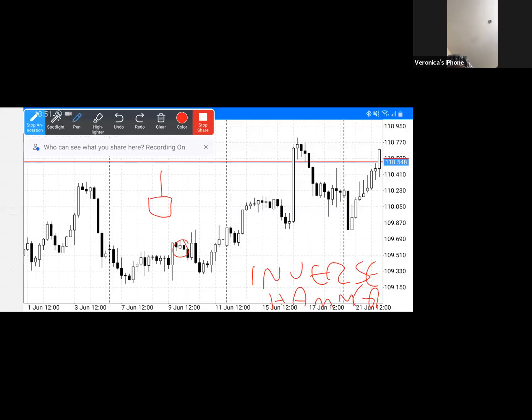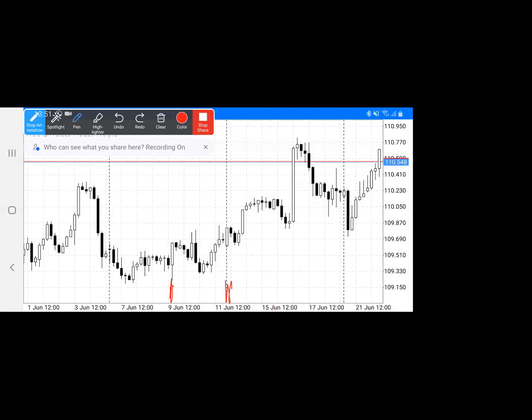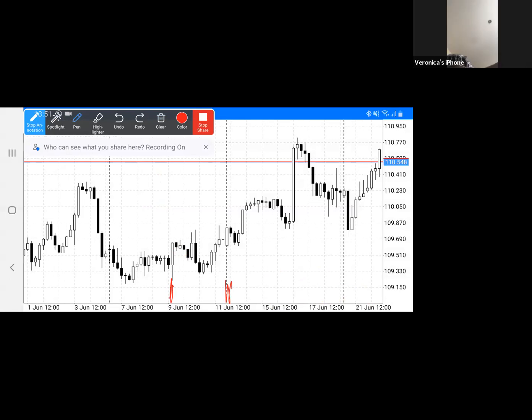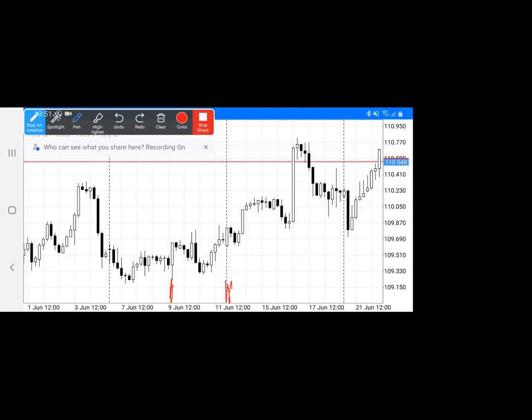Can you look at between 9th and 11th? Between 9th and 11th, go up. Here, between two white candles, there is a little dark hammer in between. Yes, go up.